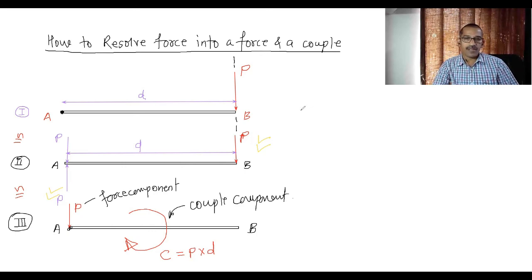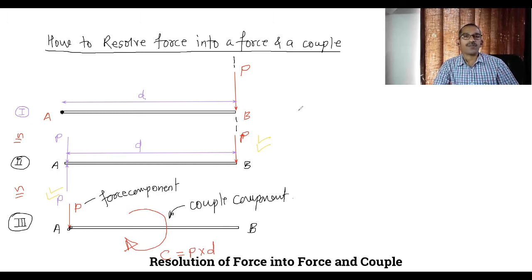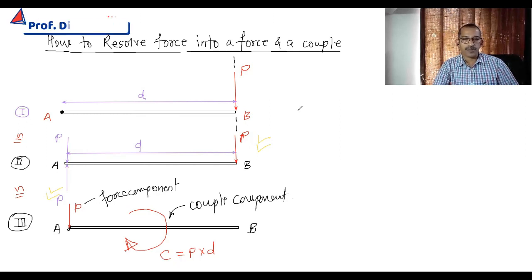What is the conclusion finally? Once again I'll repeat: a force can be resolved into a force and a couple, where the force component remains the same as the original force, but at the new point of application, and the couple component is equal to the moment of the original force about the new point of application.